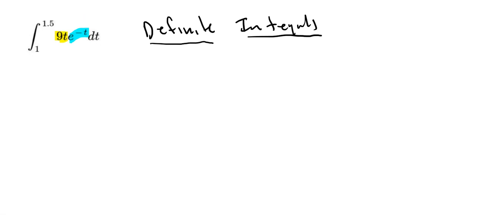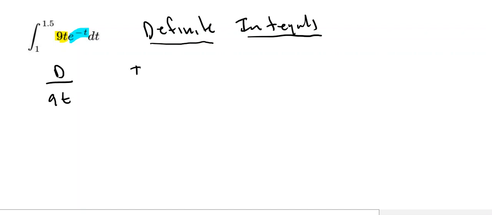So under the D column, we have 9t, and under the I column, we're going to have e to the negative t. So the derivative of 9t is 9, derivative of 9 is 0, put a plus minus plus.